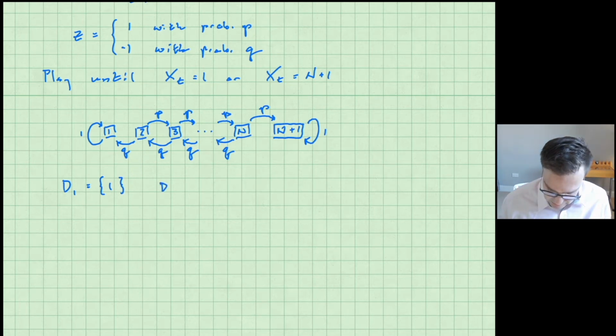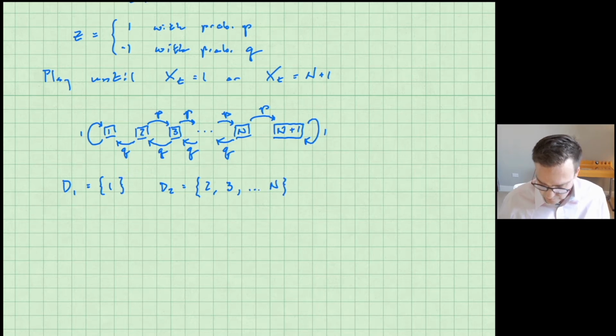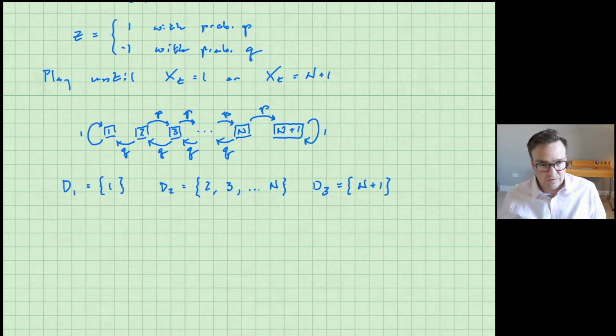So D2 is equal to 2, 3, and so on, up to n. It's possible to go from any one of those to any of the other ones. And so that's communicating class number 2. And then the third one is just n plus 1. It only communicates with itself.